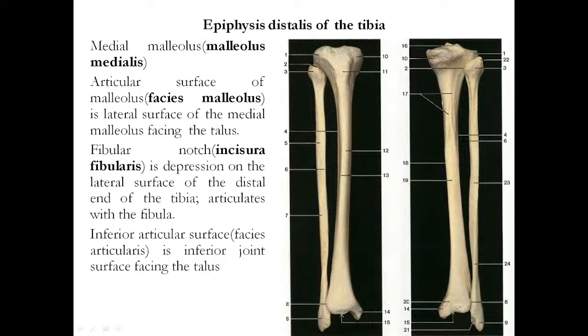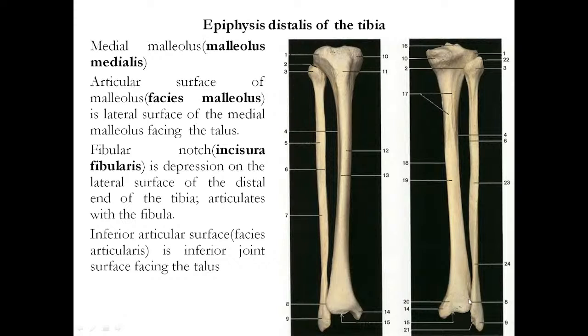The distal epiphysis of the tibia includes the medial malleolus, malleolus medialis. It has an articular surface of the malleolus, facies malleolaris, the lateral surface of the medial malleolus facing the talus.